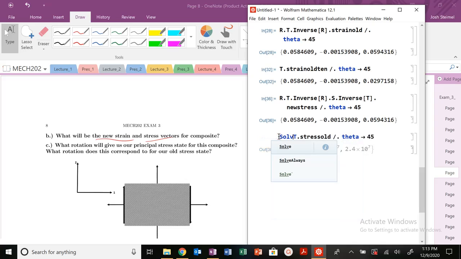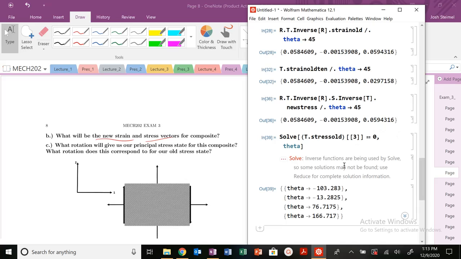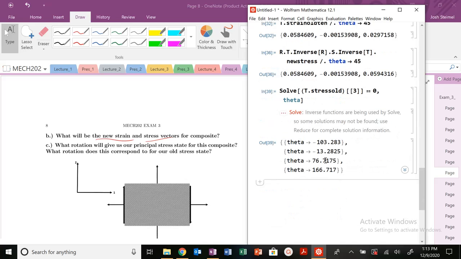So I can go ahead and solve for when this third value, my shear stress, is equal to 0. What value of theta? And you're going to see several different answers pop up because, depending on the circular symmetry of your Mohr circle, there are these different rotations. So you can see this angle of 13.76. Again, it's all circular symmetry that depends on these different values. But that would be the rotation from the old stress state as well.